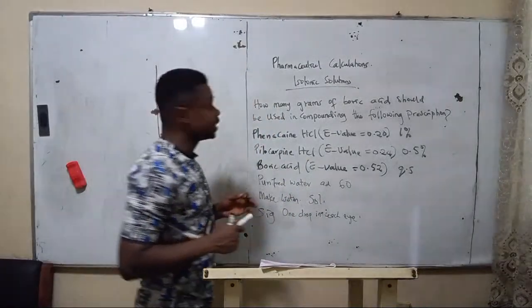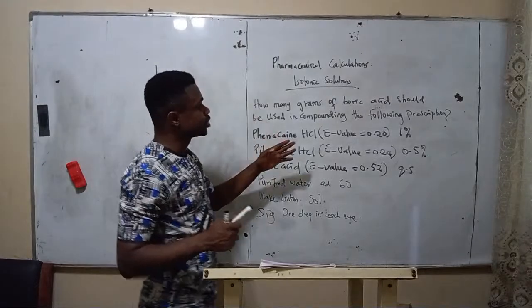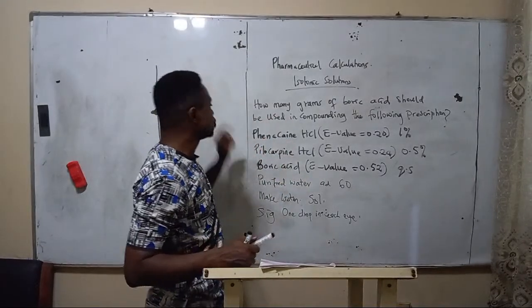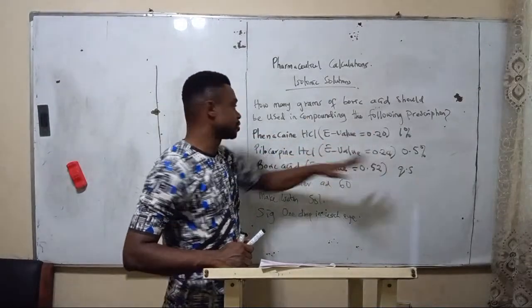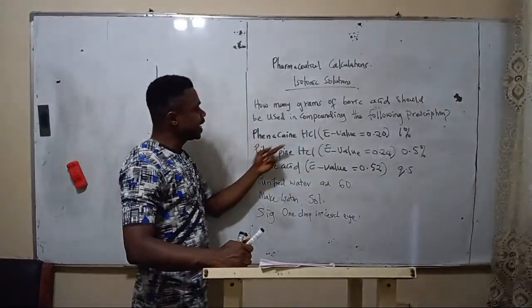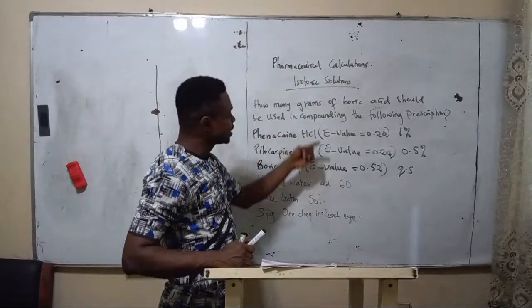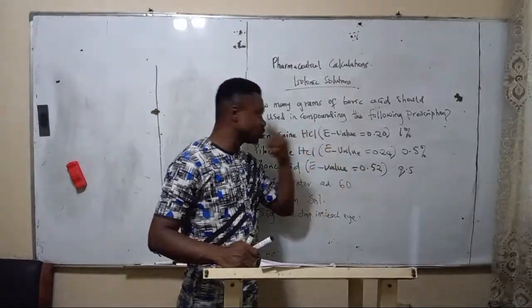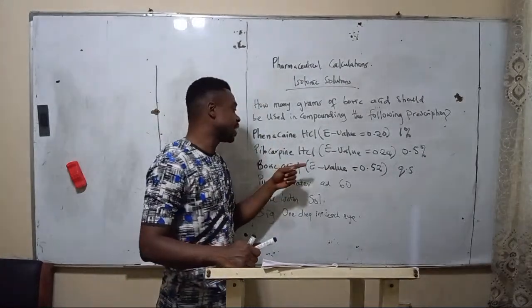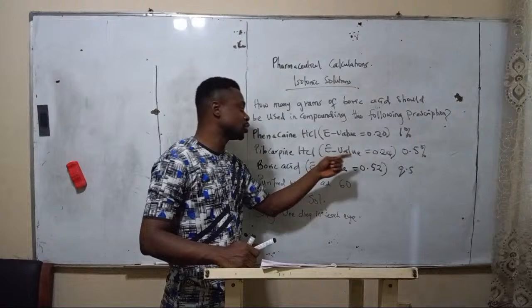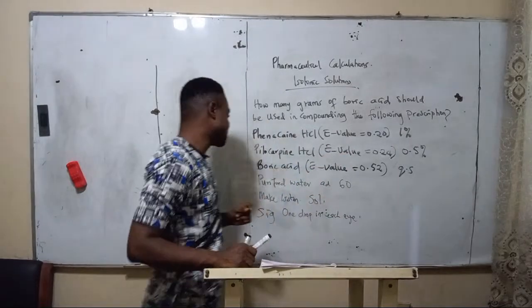The question says, how many grams of boric acid should be used in compounding the following prescription? Phenacaine hydrochloride, E value 0.201%. Pilocarpine hydrochloride, E value 0.24, 0.5%.